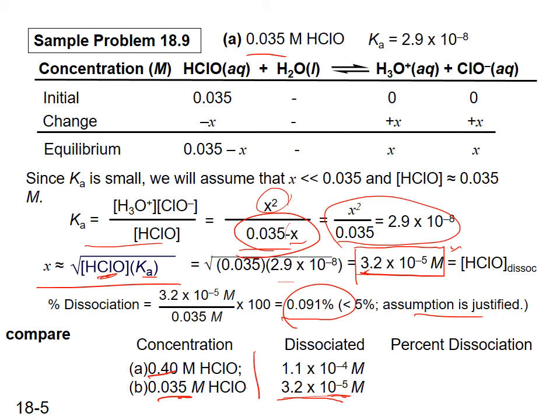So you decrease concentration, dissociation decreases, but our calculation of percent actually increases. So this goes up. The absolute number of molecules that dissociate becomes smaller, but the percent actually increases.